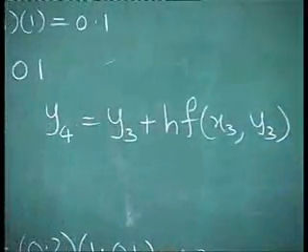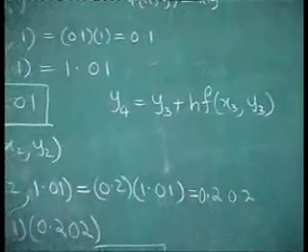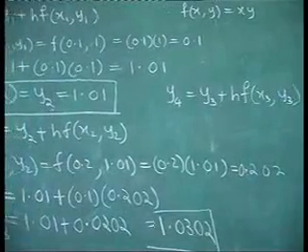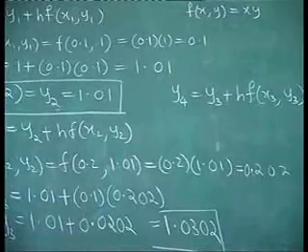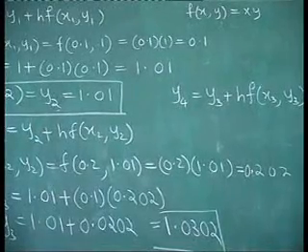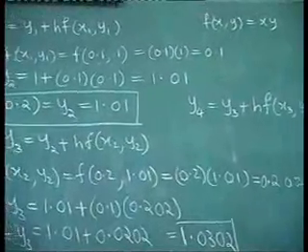Go ahead and calculate the value of y4. The function is not very complicated. If you have a calculator, so much the better. If not, it's not too complicated. You can actually manually do the calculations.